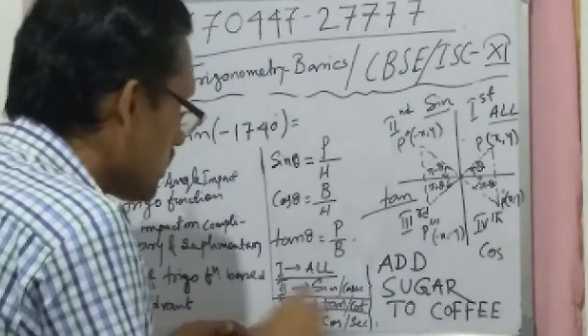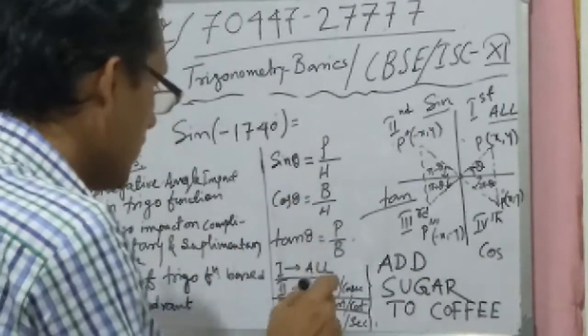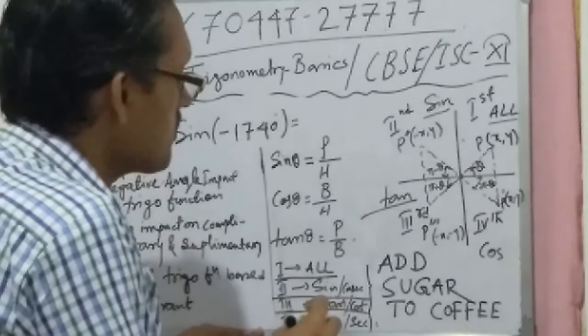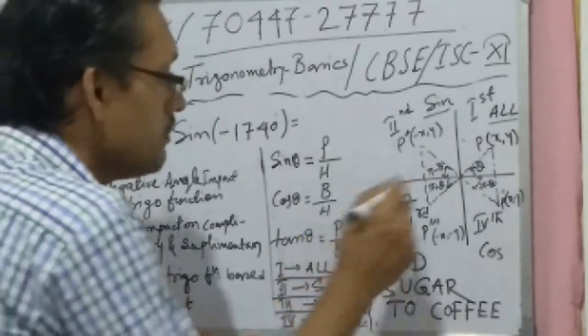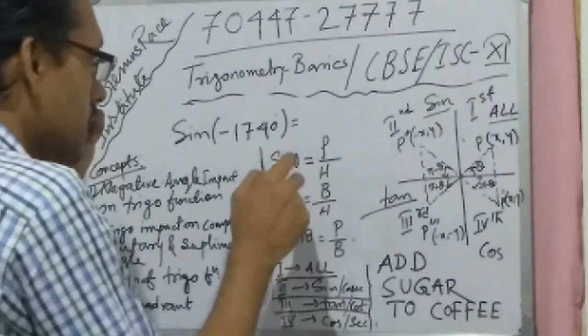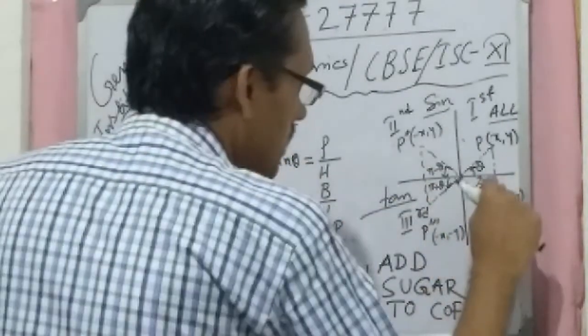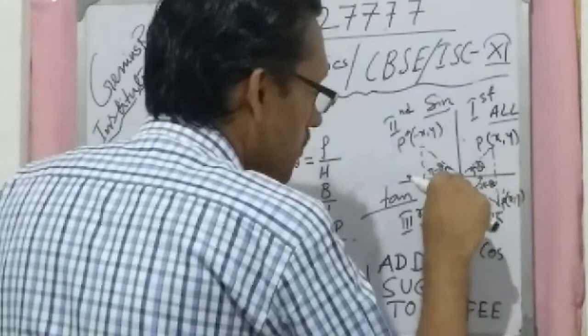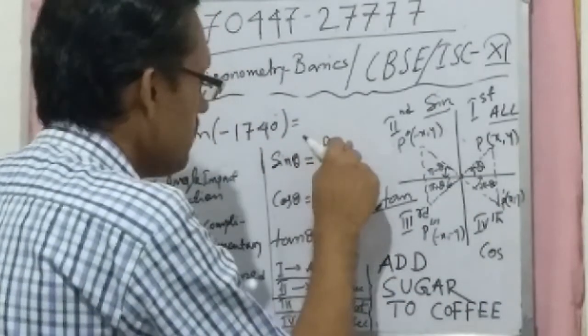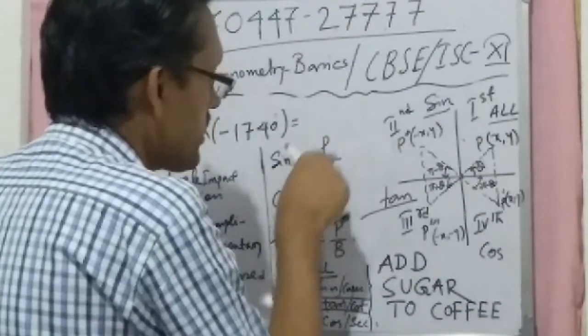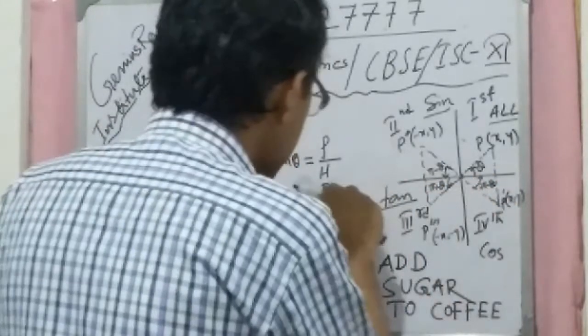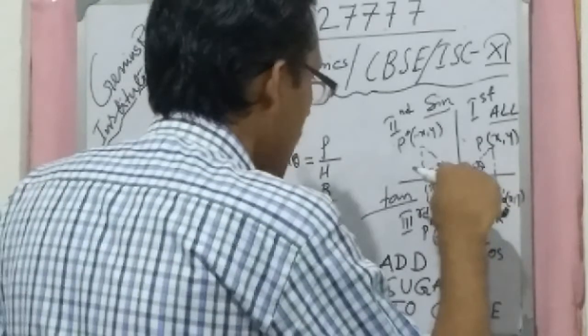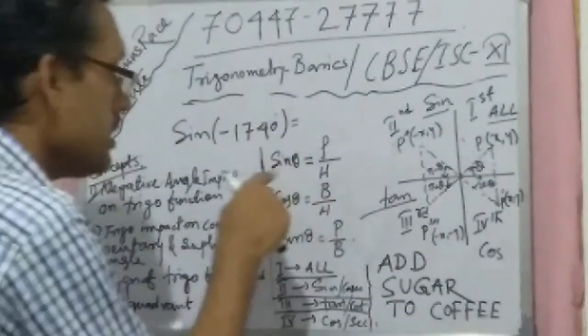Similarly, for the fourth quadrant, cos is positive and sec is also positive. Why? Because in the fourth quadrant, sine is perpendicular by hypotenuse. Perpendicular negative, hypotenuse positive, so it's negative. In case of cos, base positive, hypotenuse positive, so it's positive.